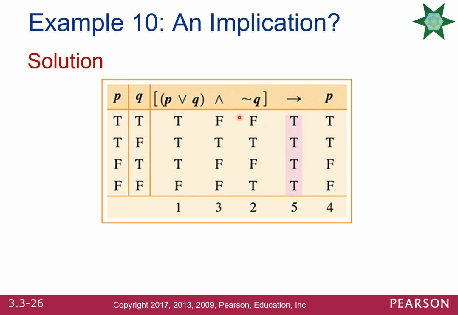Within the square brackets, we had P or Q, which is going to be the first column, and then the and symbol, and then the not Q, the negation of Q, and then the conditional symbol followed by P. We have to work the brackets first, and because there's a nested bracket, we work the nested bracket first. That's step one, and this is an or operator.